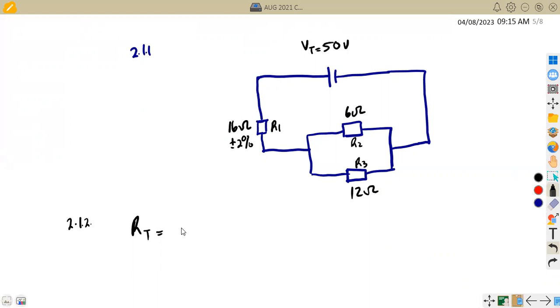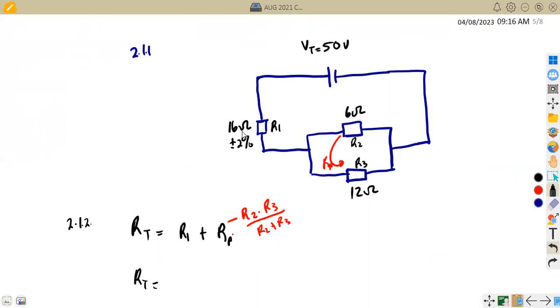Our total resistance is going to be R1 plus RP, where RP is the total of the two resistors in parallel, which is the product over the sum: R2 times R3 over R2 plus R3, depending on how you numbered your resistors.